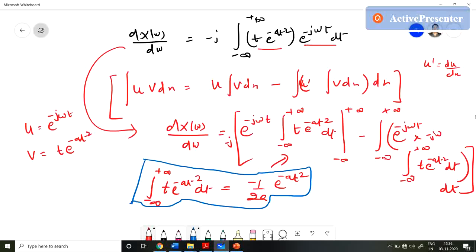So again I am putting all these values here. So what will we get?